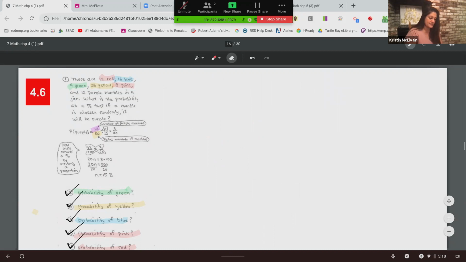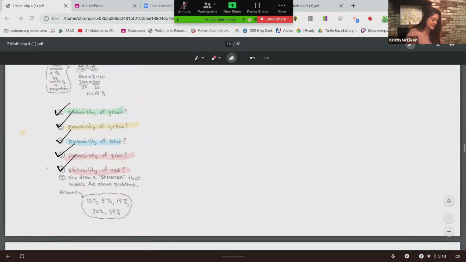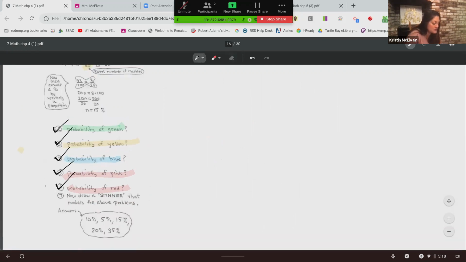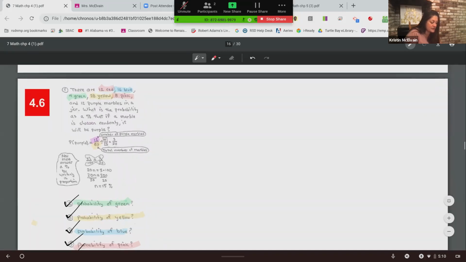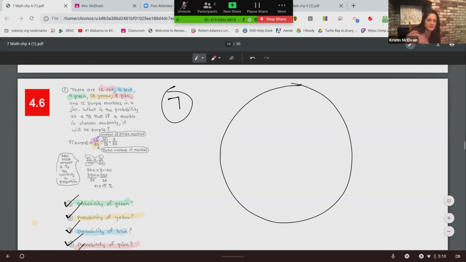Let's see what number 7 says. Here we go. Number 7. Now draw a spinner that models the above problems. Okay, so we're going to have a spinner. This is number 7. The spinner, of course, is round and needs to have 80 spaces total.